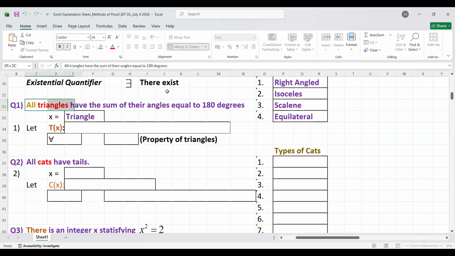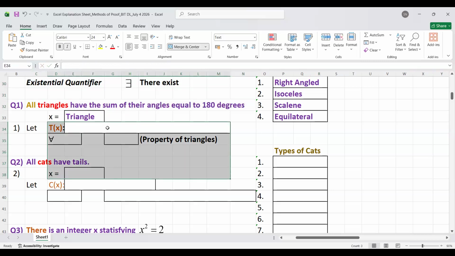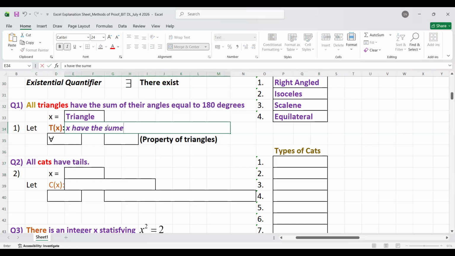From triangle all the way up to degrees will be called T of x. So this will be x representing triangle, having the sum of its angles equal to 180 degrees.